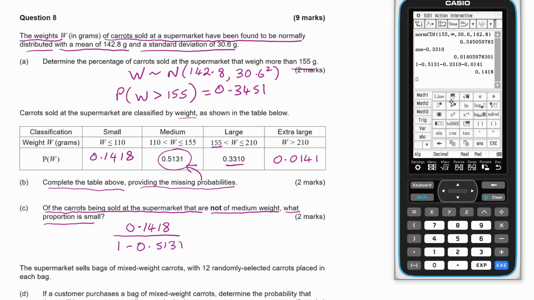So I've got 0.1418 divided by 1 take away 0.5131, and that gives me 0.2912.